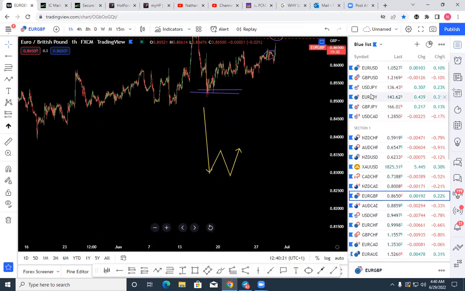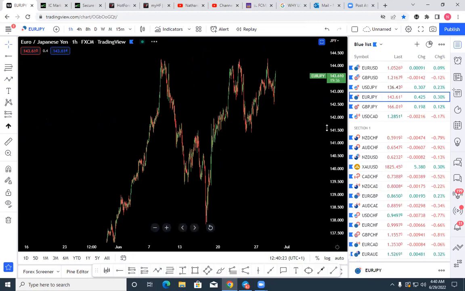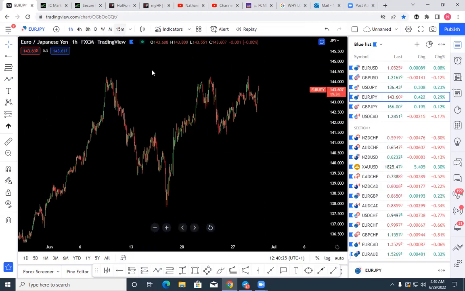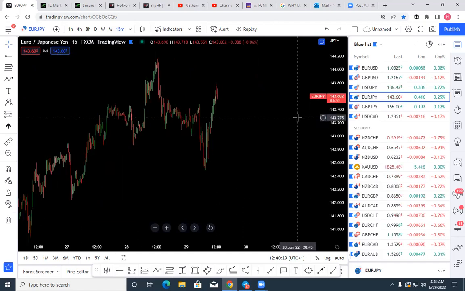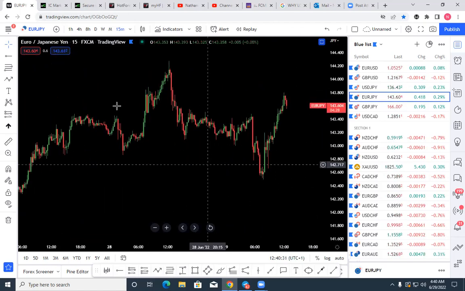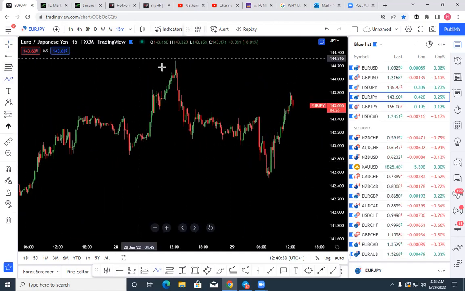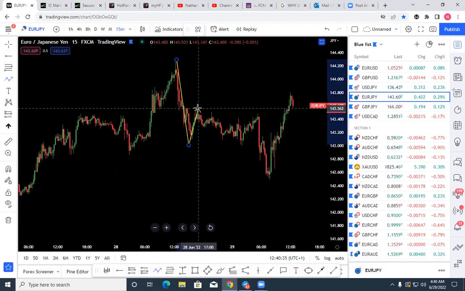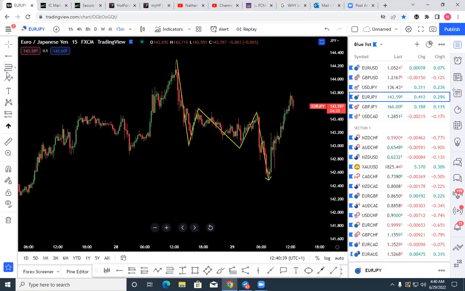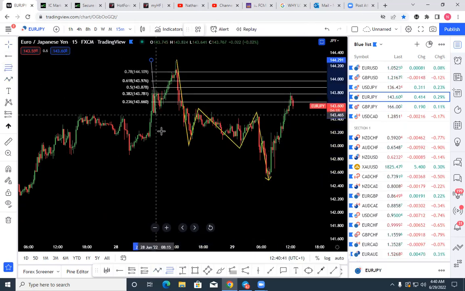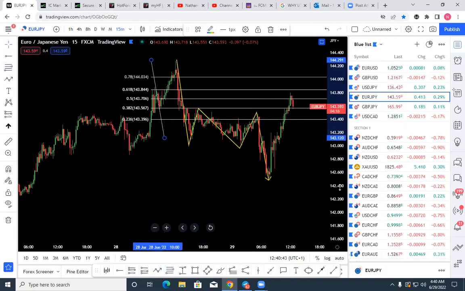Let me show you an example in Euro JPY where only 38% is just okay. Look at the impulse that you have here. Look at the correction 1, 2, and 3, and then continuation. Take a fib of this impulse, guys. What is this?